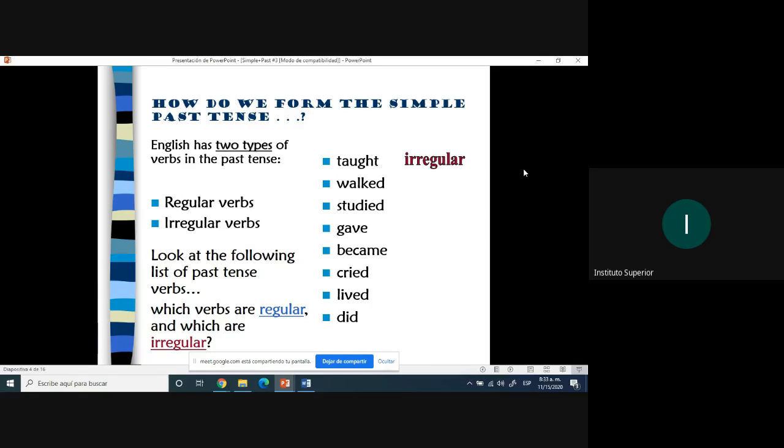In this change, they might be regular or irregular. And as Ania mentioned, some of the verbs just change by adding ed, depending on the rules of the words. So very good. The first one is thought, and it is irregular.